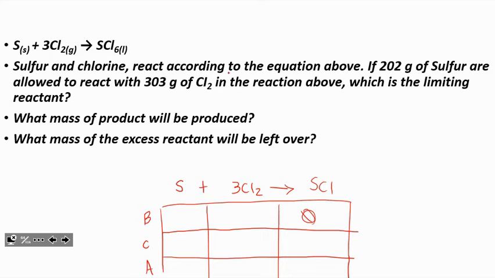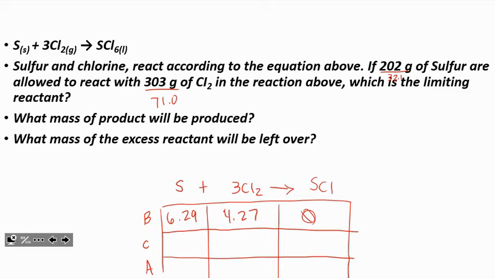Here I am going to start with 202, so I'm going to divide this by 32.1. That's going to give me 6.29 moles of sulfur. For the chlorine, I need to divide 303 by 71.0, and that's going to give me 4.27 moles of this.